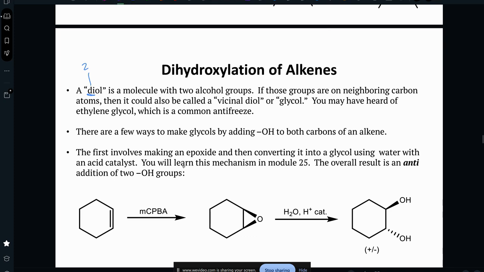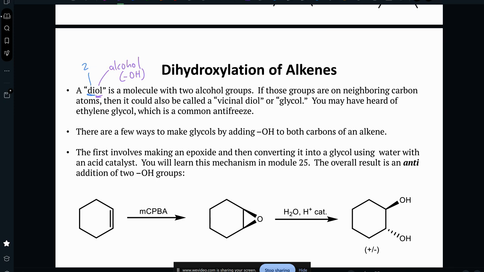Ol is my ending for alcohol, or an OH group. So a diol has 2 OH groups. When there are neighboring carbons, I have introduced this word before, vicinal. Vicinal means on neighboring carbons. They could be called vicinal diols, or sometimes 1,2 diols, meaning you have one on carbon 1, one on carbon 2. And then a common name for these is glycols.